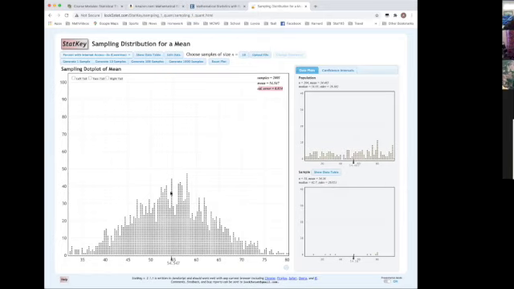So each of these dots is a group of 10 countries that we averaged together. And so although these samples look different, I can look on the right and see there are different countries in each of these samples. Some of them are smaller, some of them are bigger, some of them are in the middle. But when we average those countries in the sample together, they're all going to be a relatively good reflection of the population.